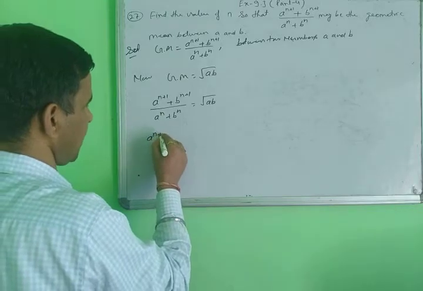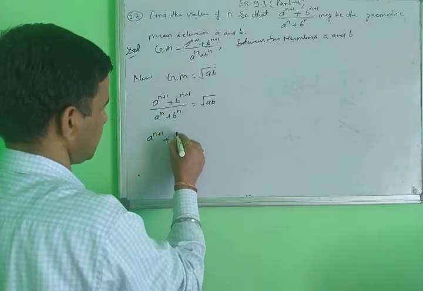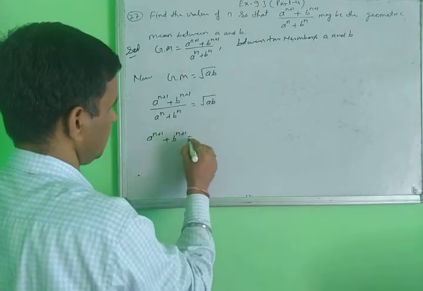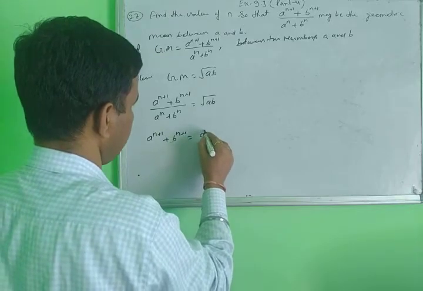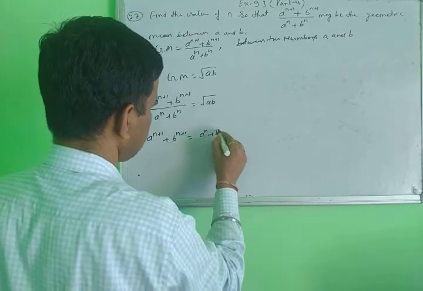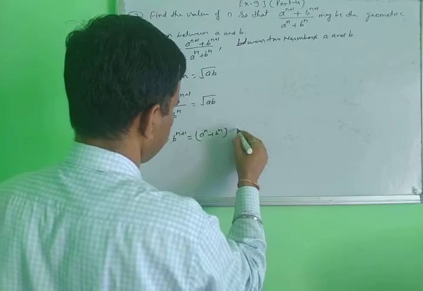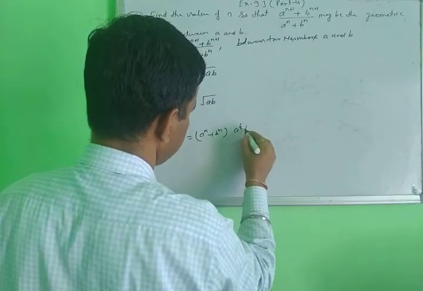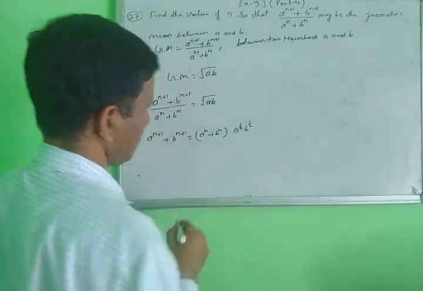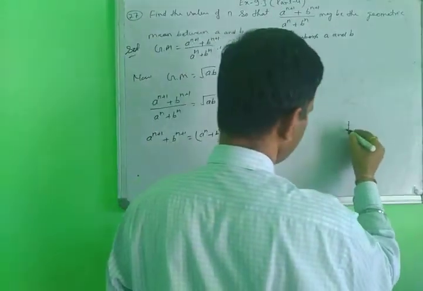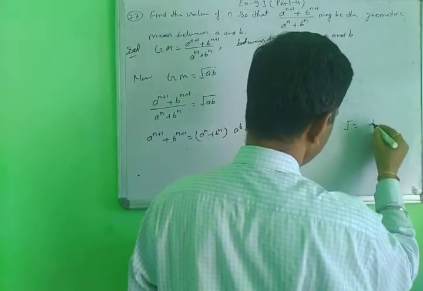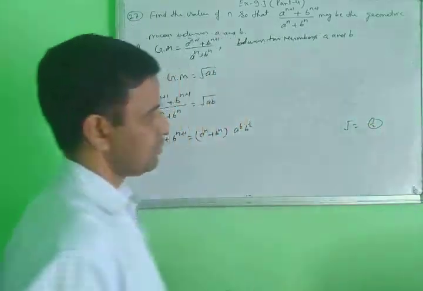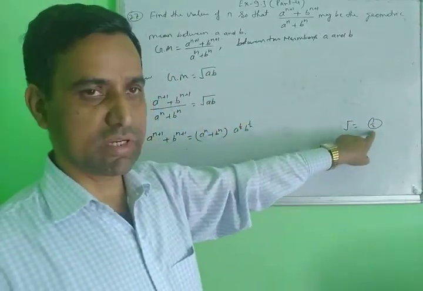a^(n+1) + b^(n+1) equals (a^n + b^n) times (ab)^(1/2). The value of the square root in exponent form is a power of 1 by 2.